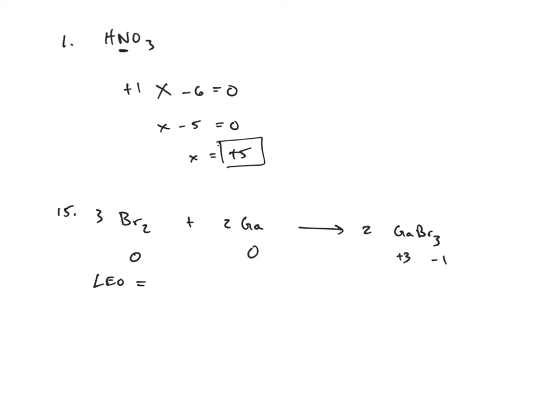So the species that is getting oxidized is gallium, this guy right here. Its oxidation number went up. If you're gaining electrons, your oxidation number is going down. Bromine went from 0 to -1 over here. So the elemental bromine is your species getting reduced. Okay. All right.